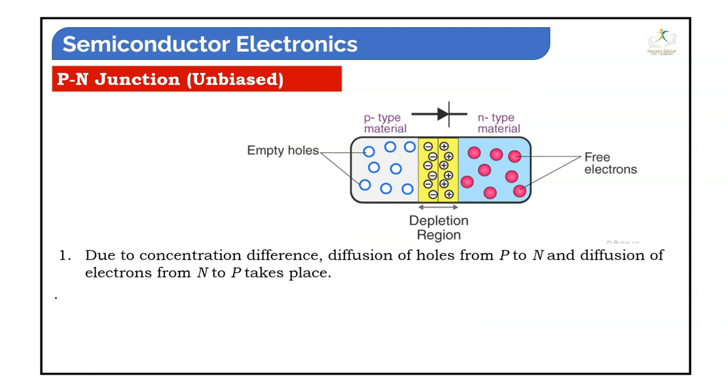Due to the concentration difference, diffusion of holes from P to N and diffusion of electrons from N to P takes place. The P side attains a lower potential, because the flow of electrons is from negative to positive, and P type consists only of holes.